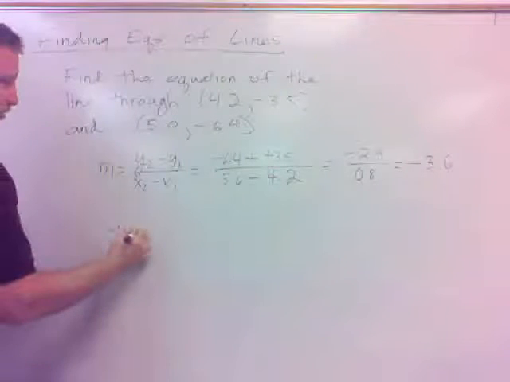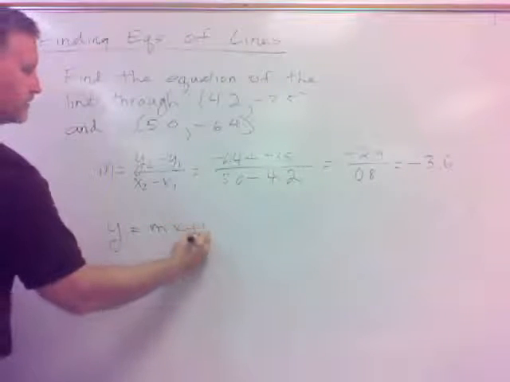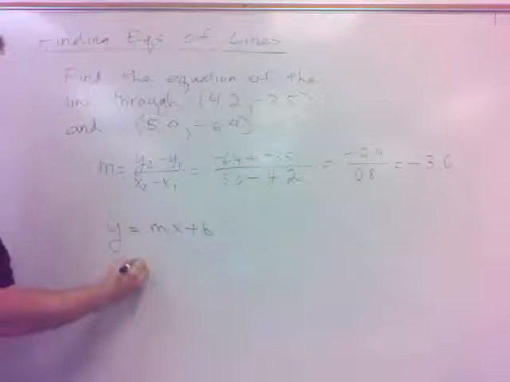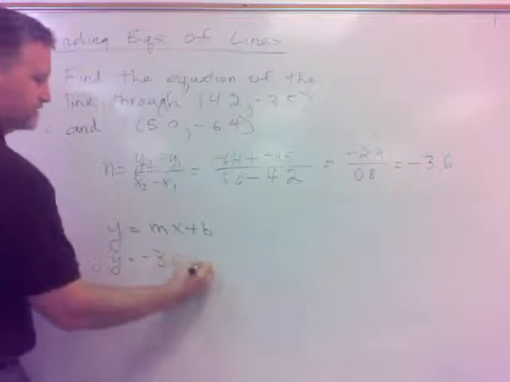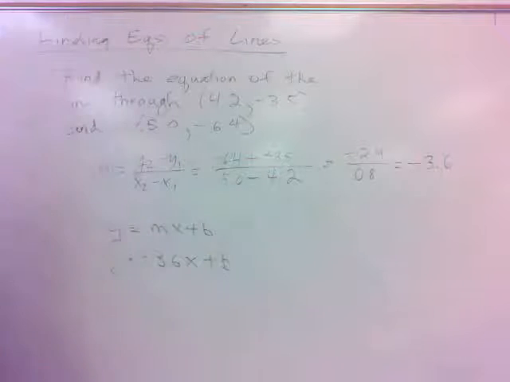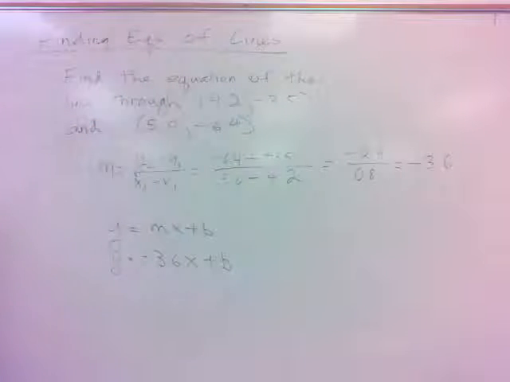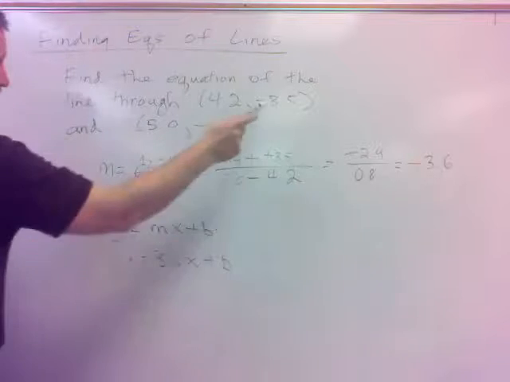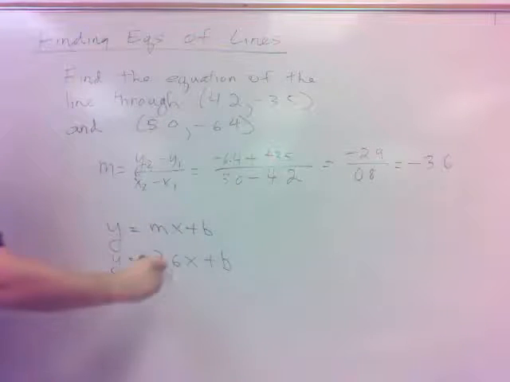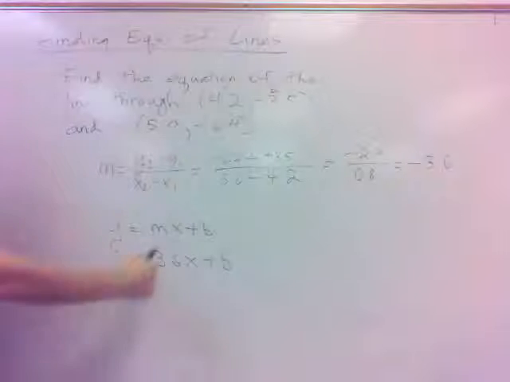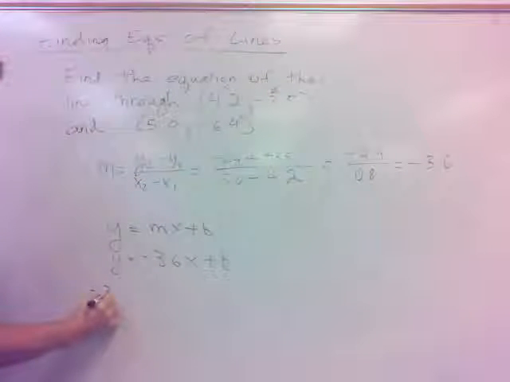All right, so now we know y equals mx plus b. This is where we want to go. We've got m is negative 3.6, so it's negative 3.6x plus b. Now all I have to do is plug in an x and a y, find the b. It's my choice, it doesn't matter; either one's going to give you the same one. Let's make the x 4.2 and the y negative 3.5.